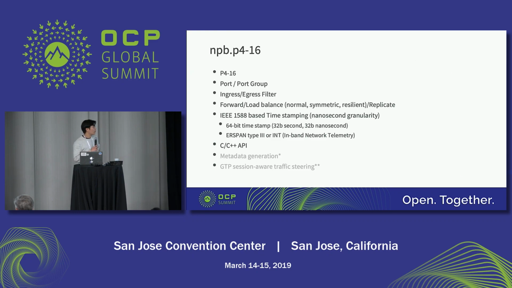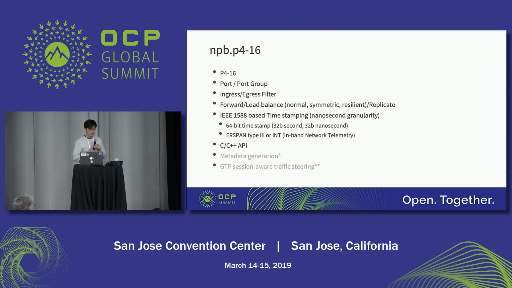So we developed the NPB P4 program in the P4-16 specification, and this package supports port and port group and ingress and egress filters, and these filters can be attached to the ingress port or egress port.